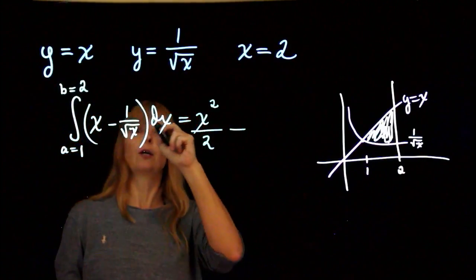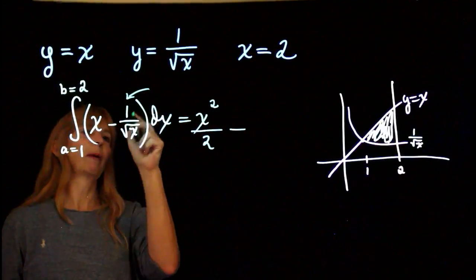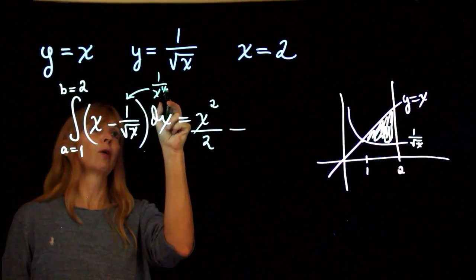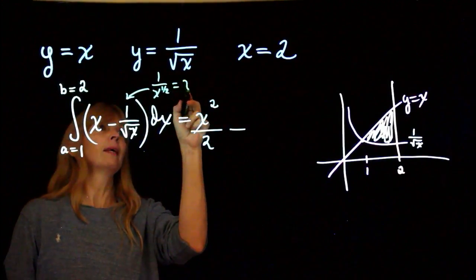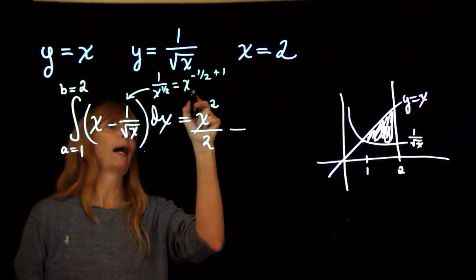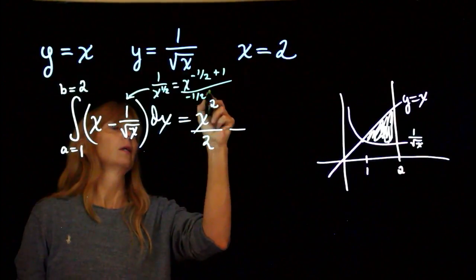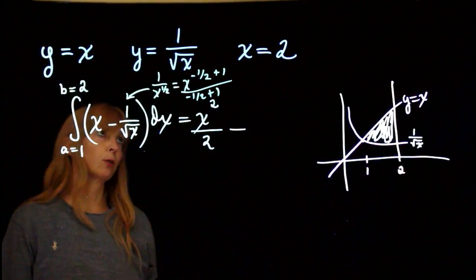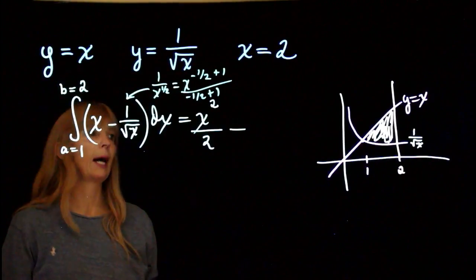This piece right here, what I like to do is remember 1 over the square root of x is the same as 1 over x to the 1/2. And then I bring the 1/2 to the top, and then I do my whole plus 1 business. So I have negative 1/2 plus 1, or 2 over 2 minus 1/2, which would be 1/2.